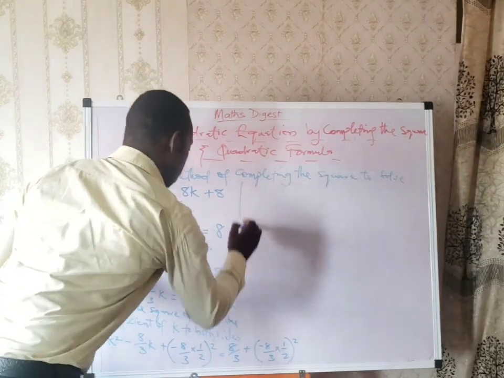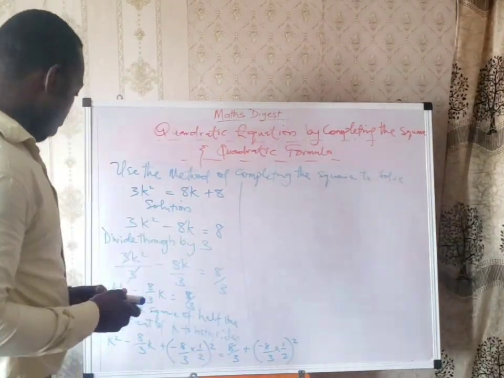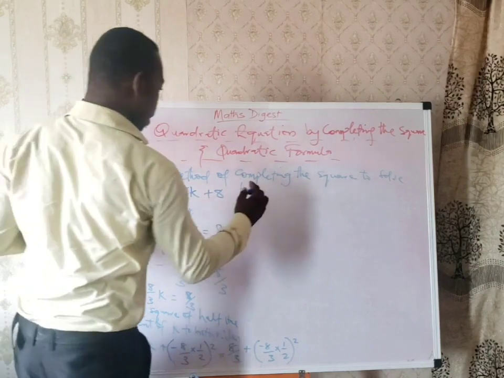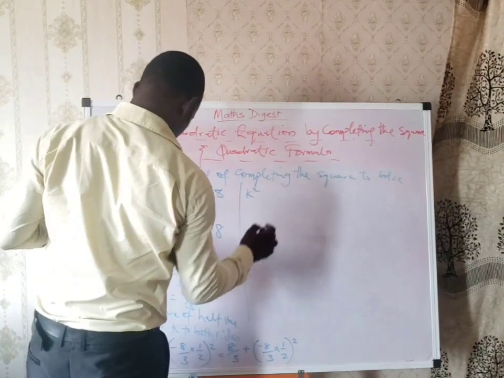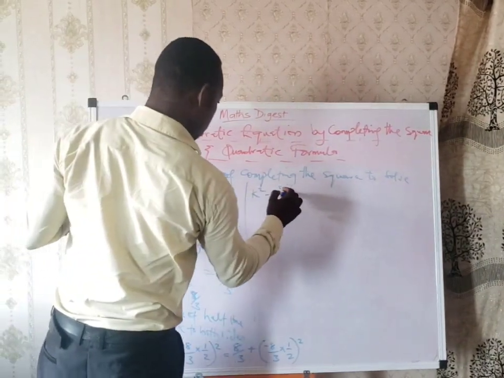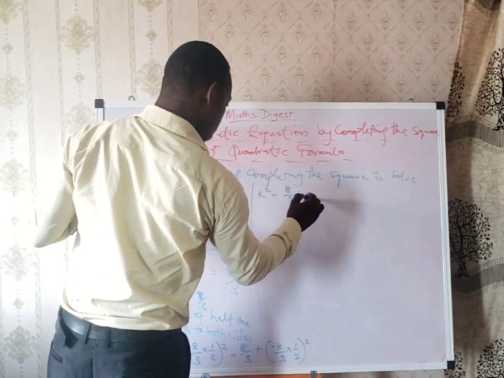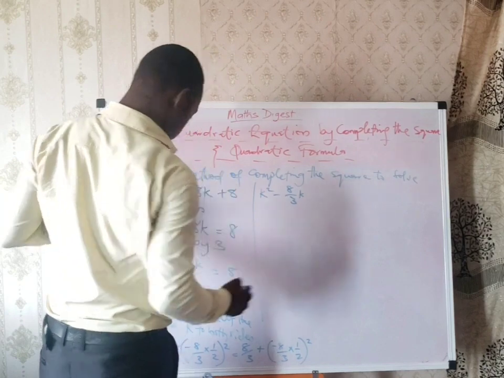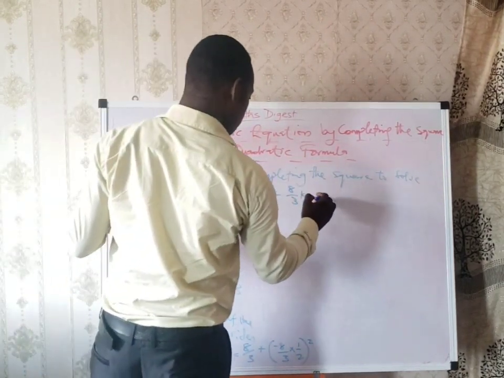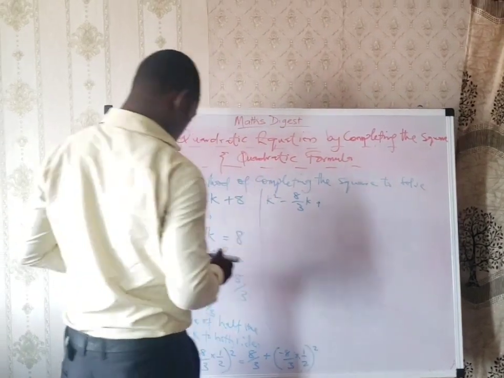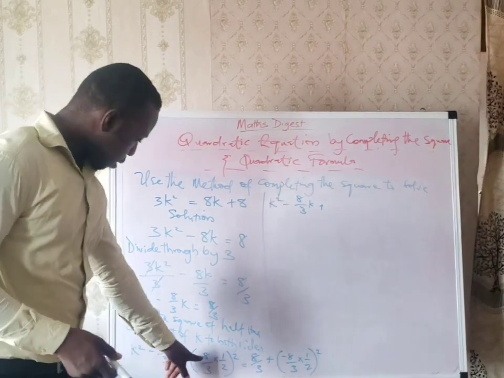Okay, let's get to this side of the board. Now from here we can have that k squared minus 8 over 3 k plus, now this times this.